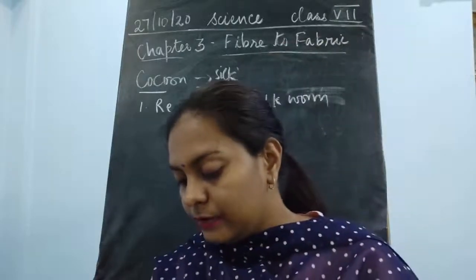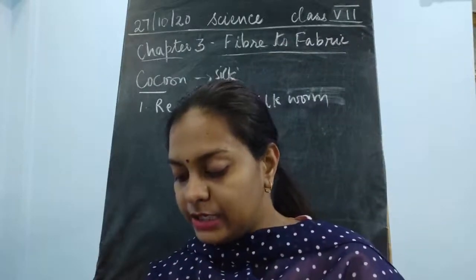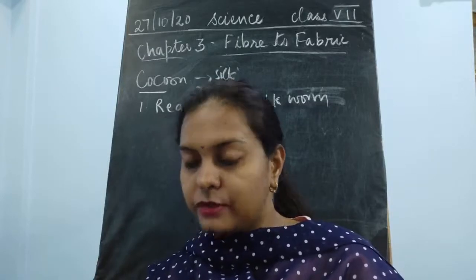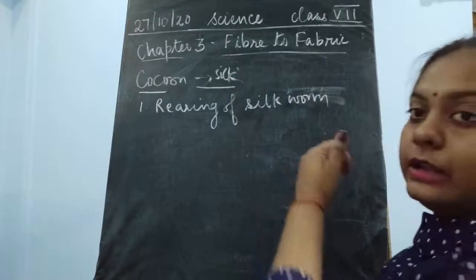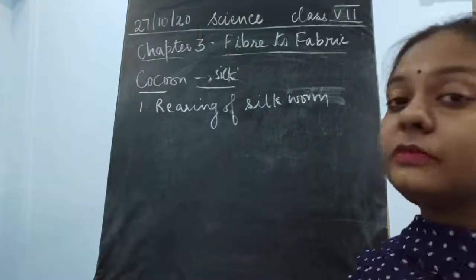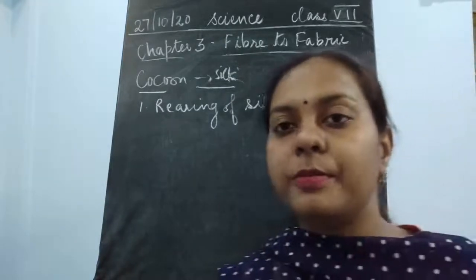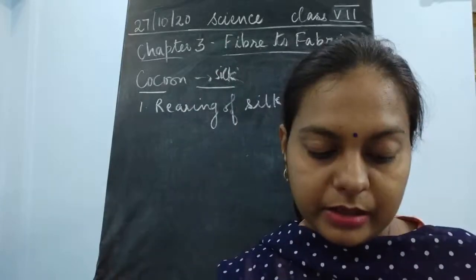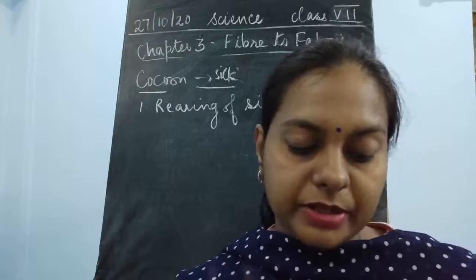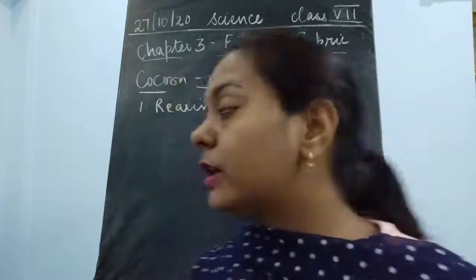The farmer keeps these eggs under hygienic conditions and under stable temperature and humidity. Humidity and temperature are to be maintained for the rearing of the silk, because the silkworms also require proper temperature, proper care, and proper hygienic conditions for development. So while rearing, what is to be kept in mind?